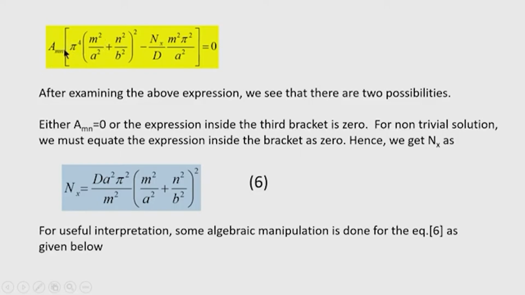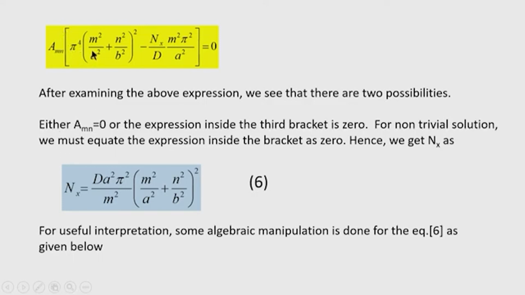Okay. So, we ultimately get N_x equal to, since a_mn cannot be 0. Two possibilities are there, one is a_mn is 0 or the quantity inside the bracket is 0, but if a_mn is 0, then the solution is a trivial solution. Therefore, the quantity inside the bracket is 0.